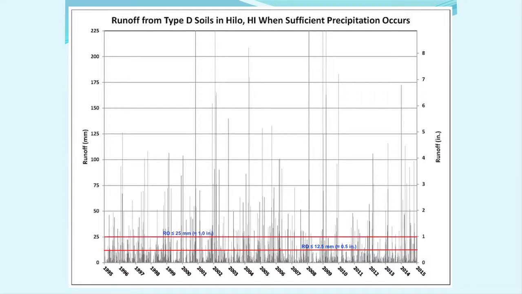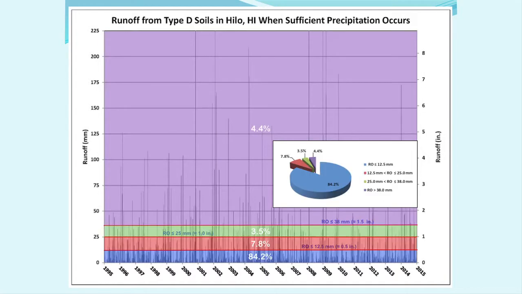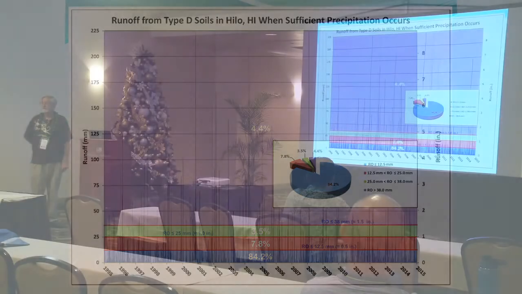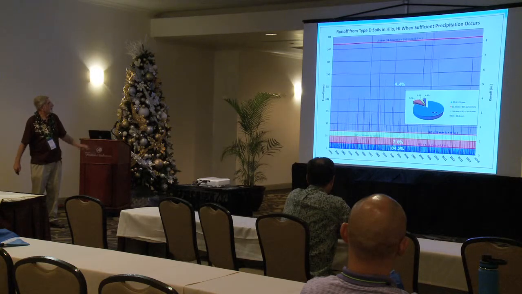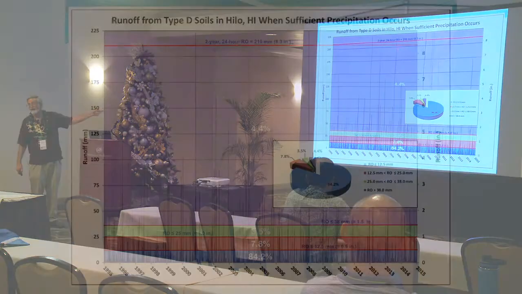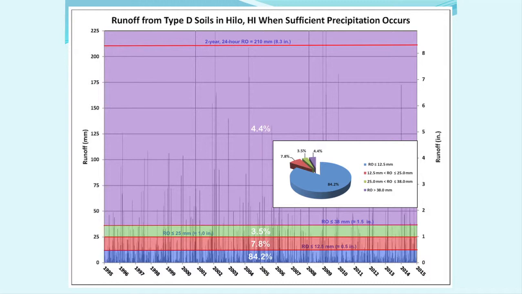Here's 1 inch, and then here's 1.5, and I stopped with that one on that particular graph. I made those curves, and it was interesting when you plug this all in here, 82% of the runoff in Hilo is a 1/2 inch or less. Kind of interesting little things in there. There's the 2-year, 24-hour runoff.